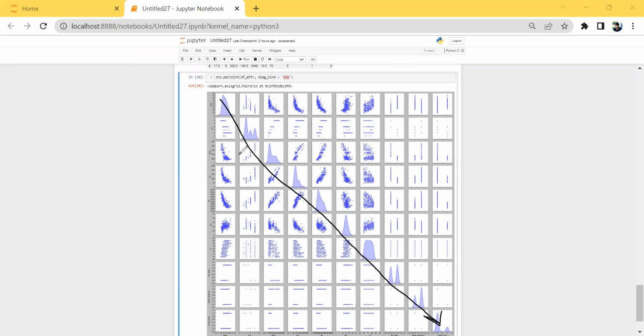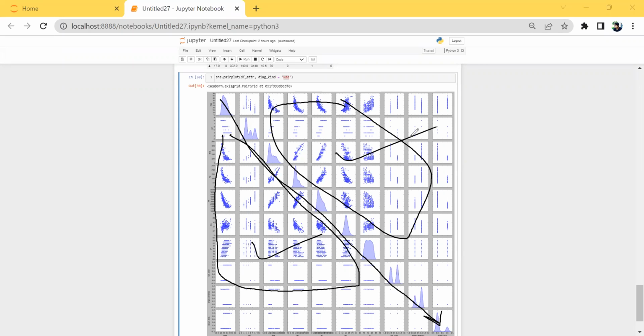Everything lying inside these diagonals is nothing but the mirror image of what is lying here. So you need to study either this part or this part. There is only a mirror image of the above one, so I will consider this half.